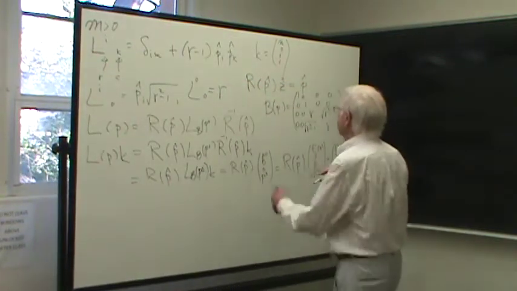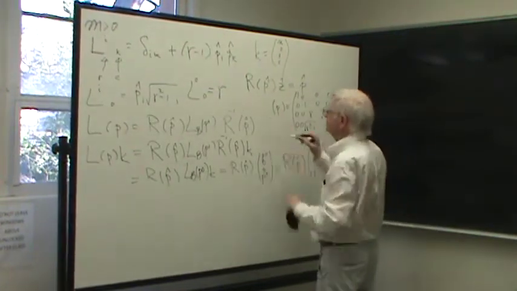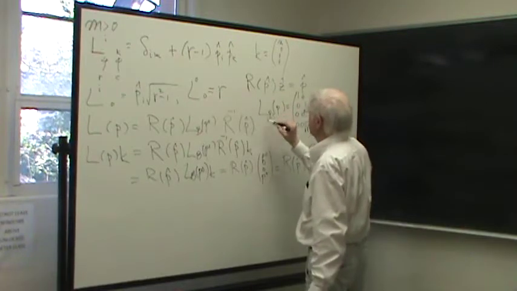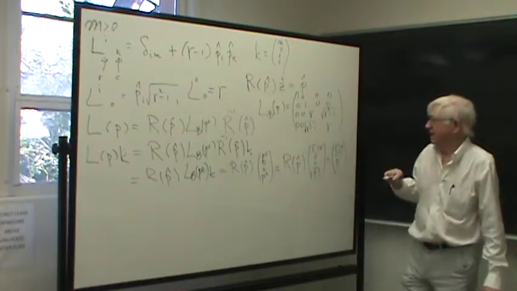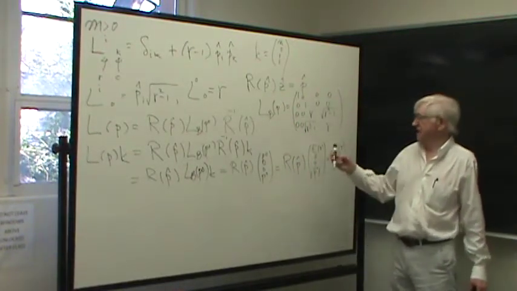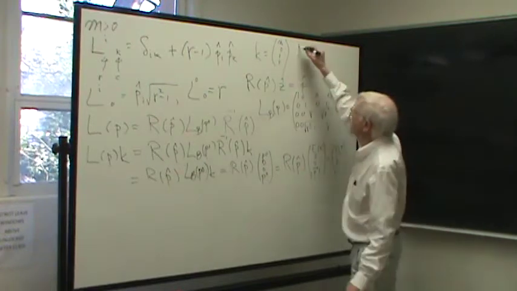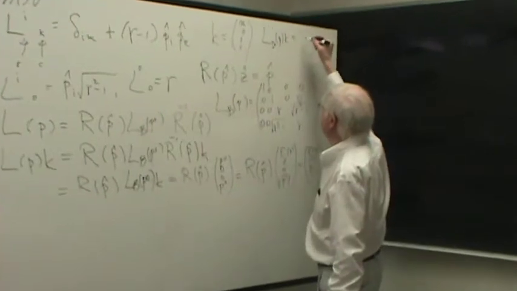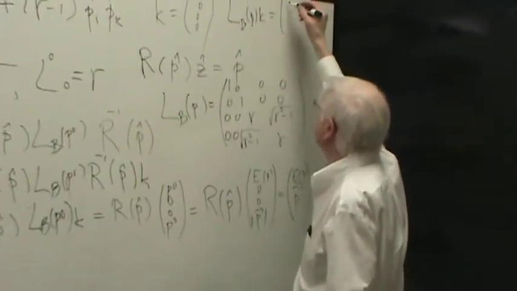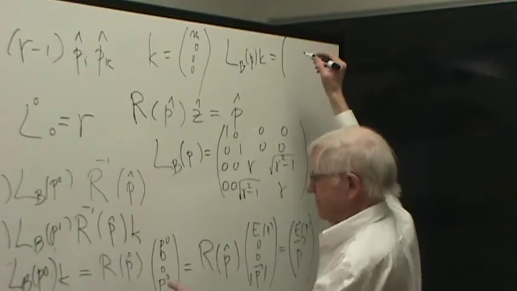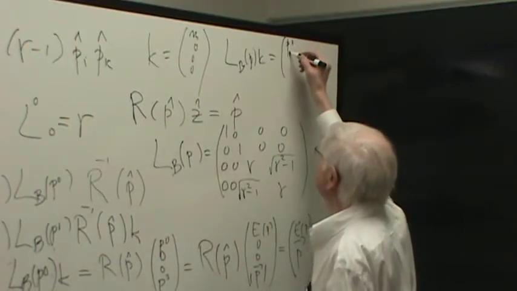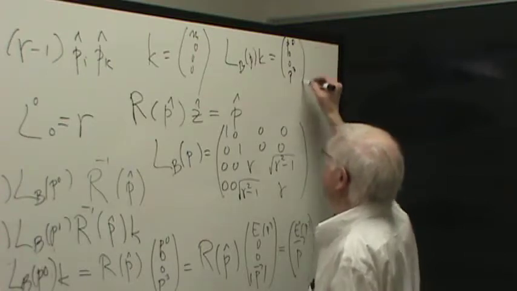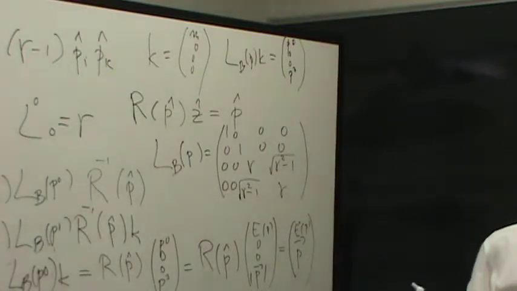And so this thing is again L sub B of P. So this just takes K into this thing here, P0, 0, 0, P3, of the massive case.